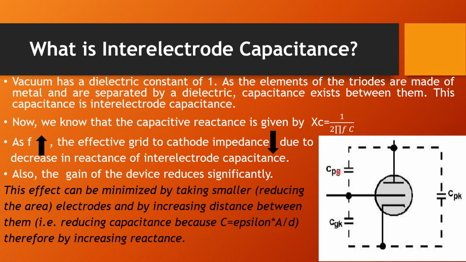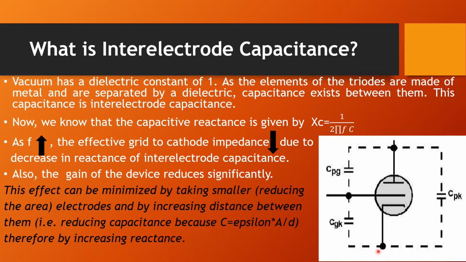It means you can say that they usually short circuit the electrodes, or a short circuit can exist between the inter-electrodes, because of the inter-electrode effects.